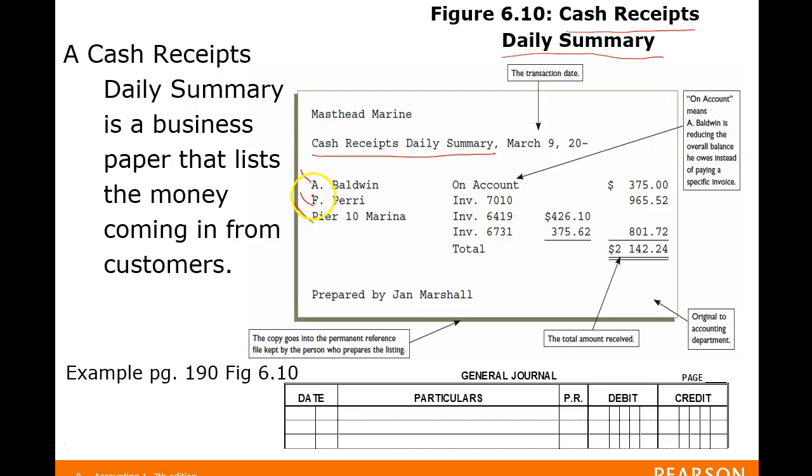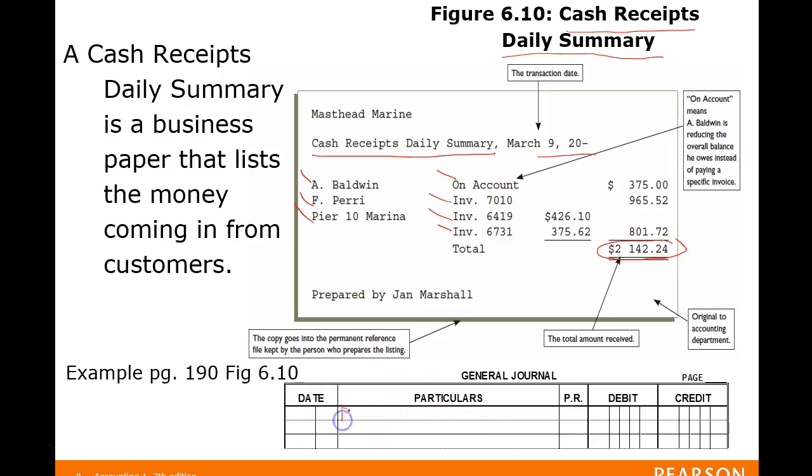In this case, Masthead Marine received a check from A. Baldwin, F. Perry, and Pier 10 Marina. A. Baldwin paid off some of his accounts receivable. F. Perry paid off this invoice. Pier 10 paid off this invoice and this invoice. So the total amount of cash that I received on March the 9th in the mail was $2,142.24. I'm going to do this transaction with you.